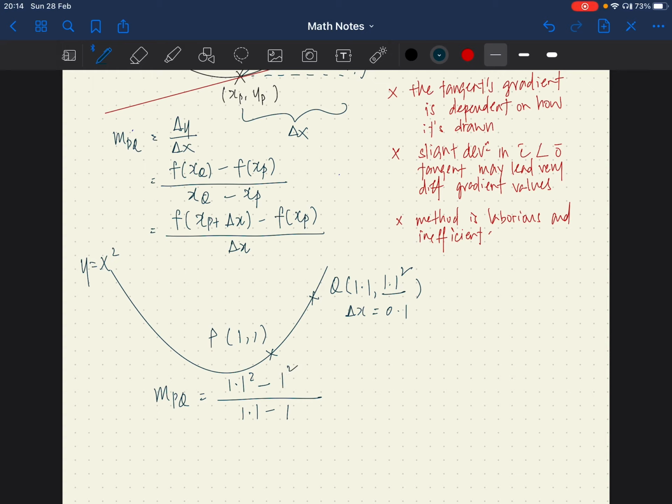Okay, so you will get 1.21 minus 1 over 0.1, which is 2.1. So the gradient of PQ is 2.1, which will not be the same as the gradient of the tangent passing through P. Okay, let me redraw that.